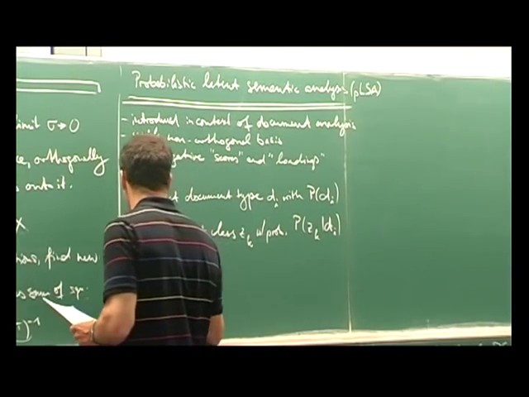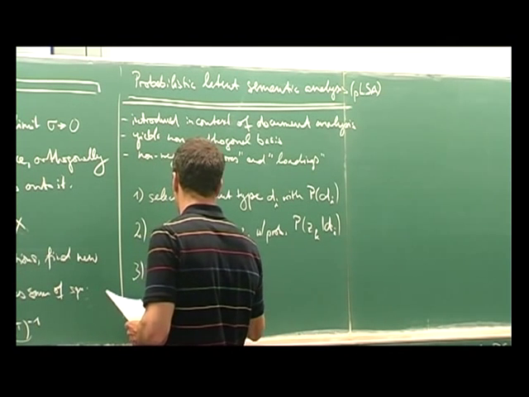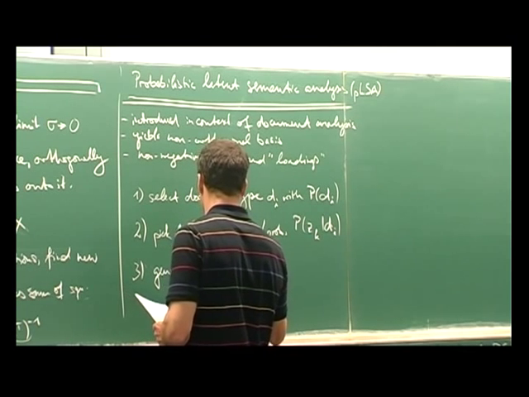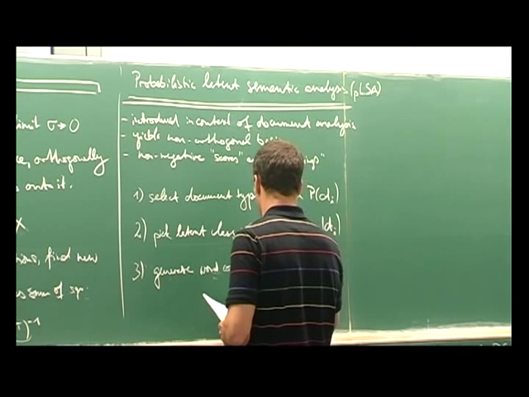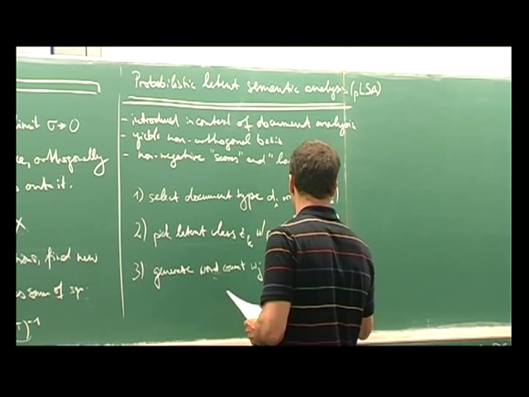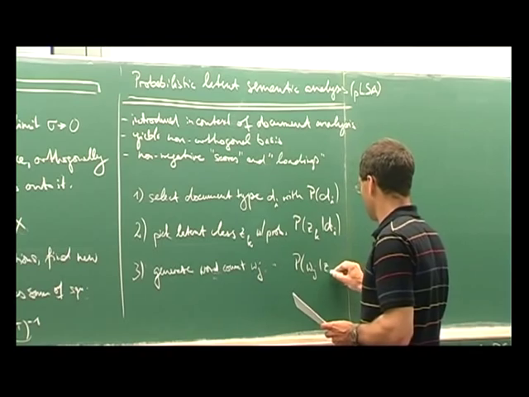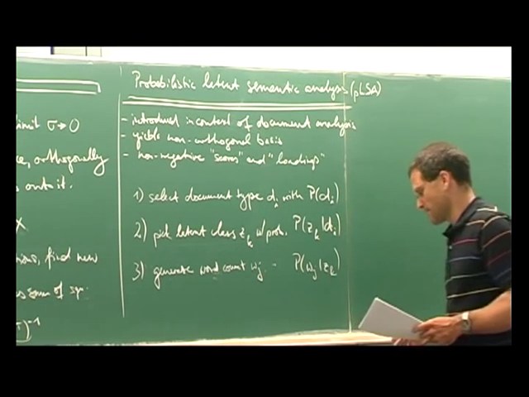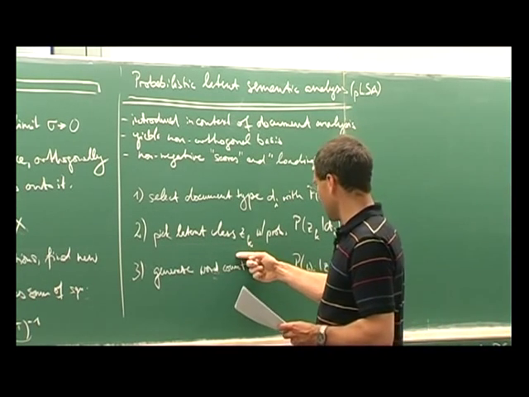And then finally, you generate a word wj with a probability that only depends on the latent class. No, you don't generate a word count, you generate really a single word.